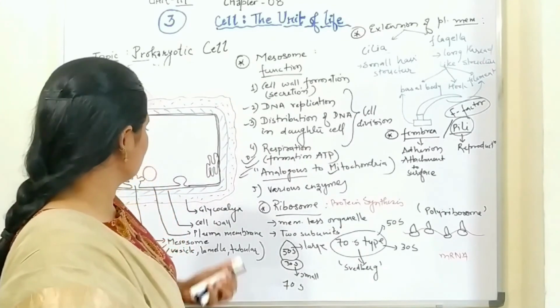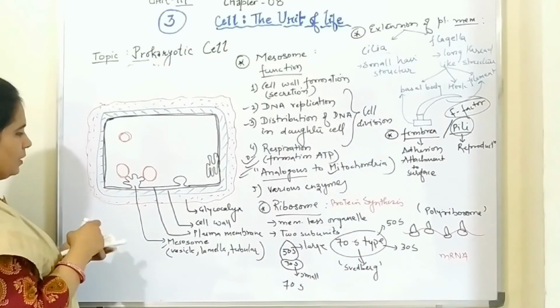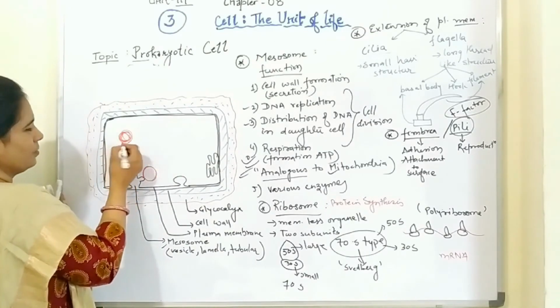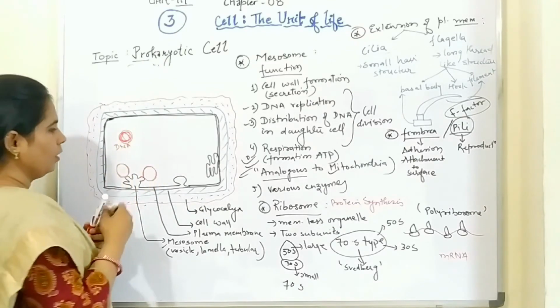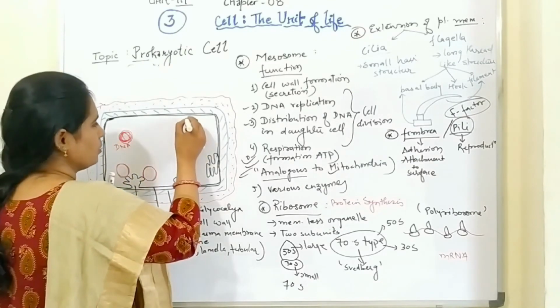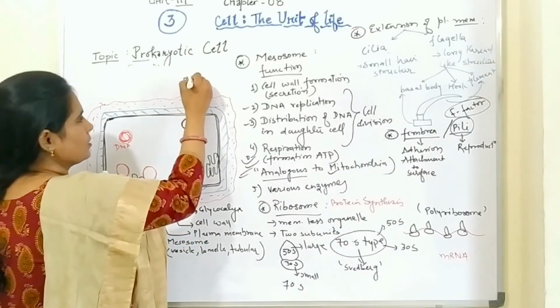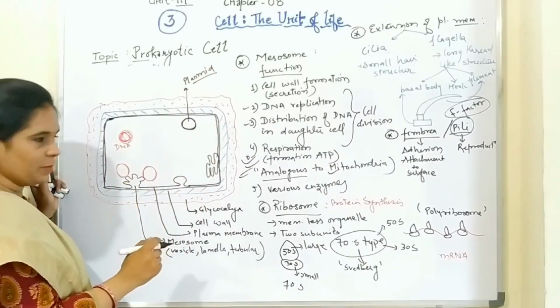Let me show you the diagram. Let's come to the diagram. So this structure is DNA, their genetic material. Then you will find a circular, extra-chromosomal DNA which is called plasmid. Fine. Mesosome is there.